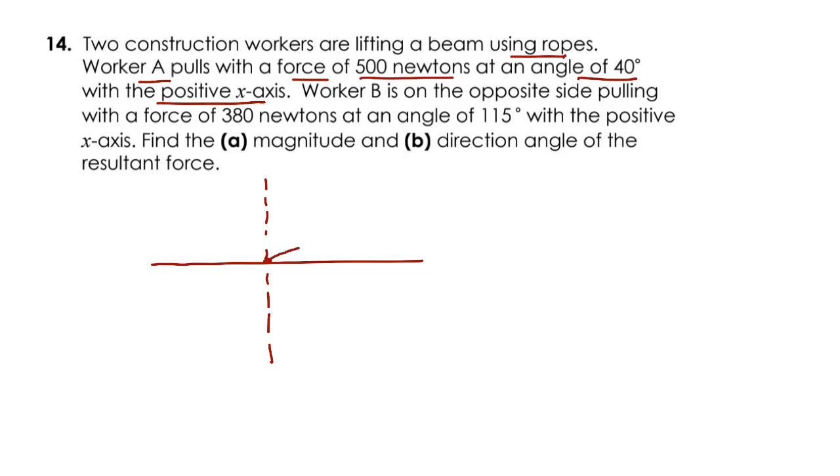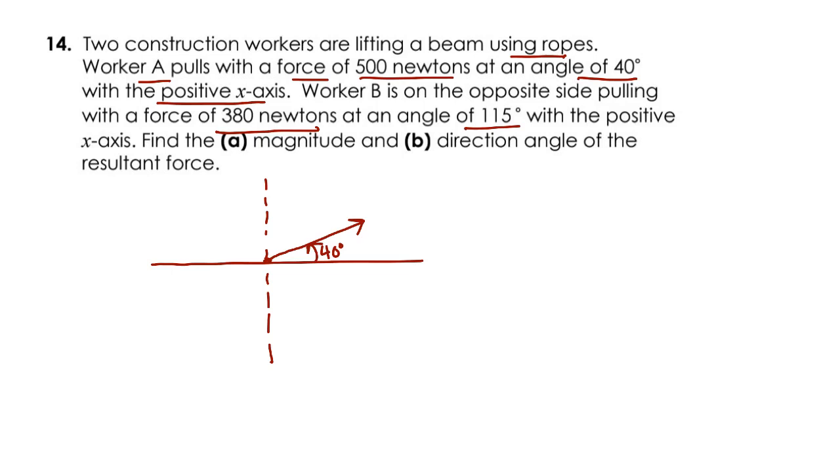So that's about here maybe. So 40 degrees. And then let's see, worker 2 or worker B has an opposite side pulling with a force of 380 newtons at an angle of 115 degrees.